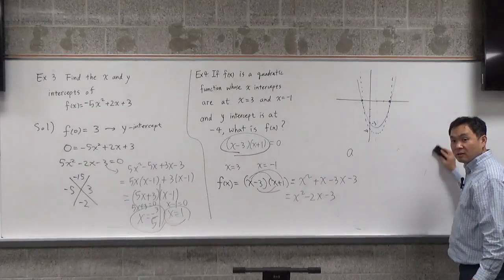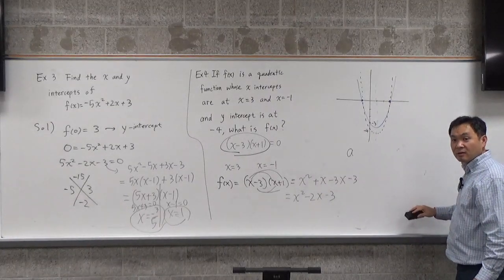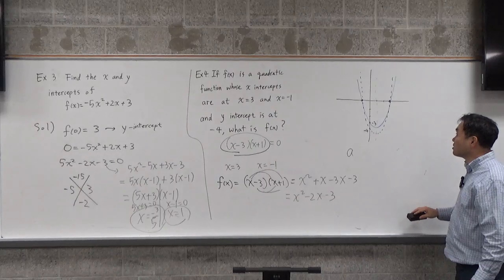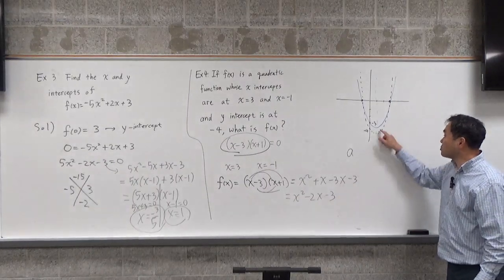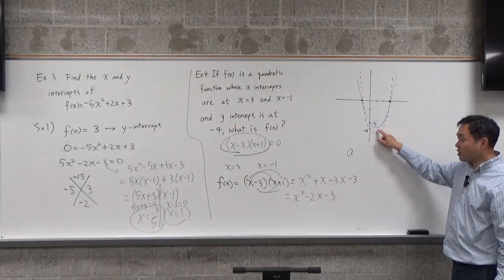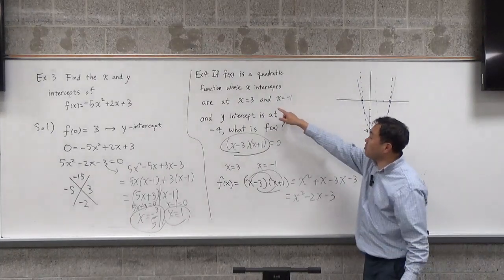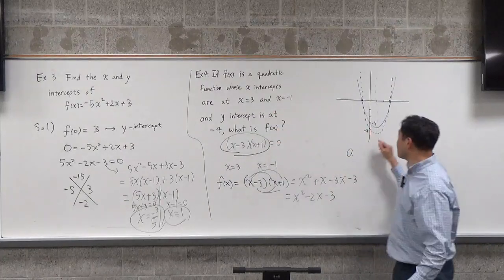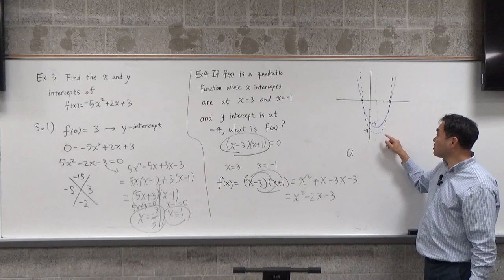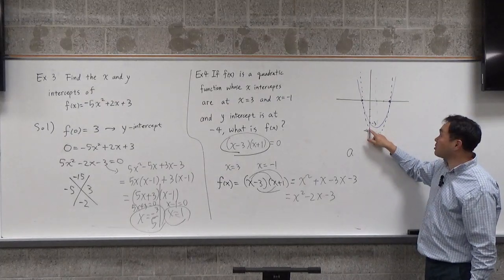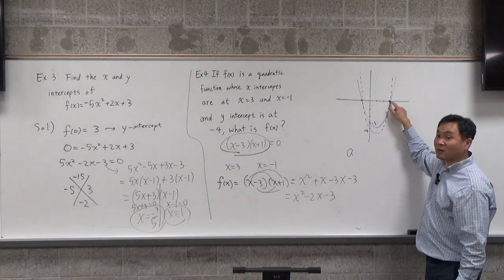I don't understand the graph. Do you understand that this one is the blue graph? Yes, I do. Okay, do you understand that the graph matching these three points should be the dotted one, because it has to pass through -4 and -1 and 3?